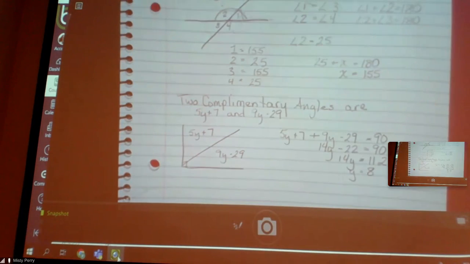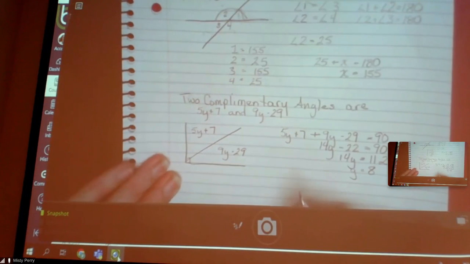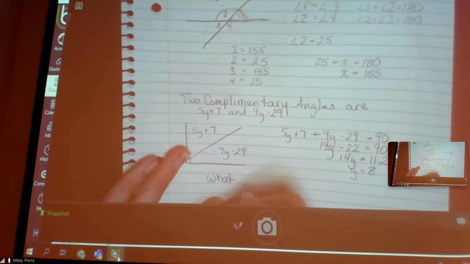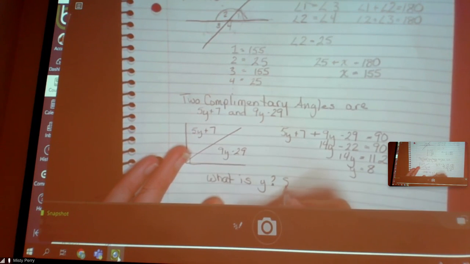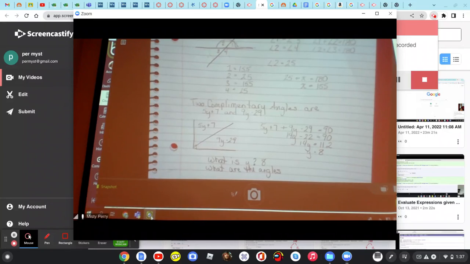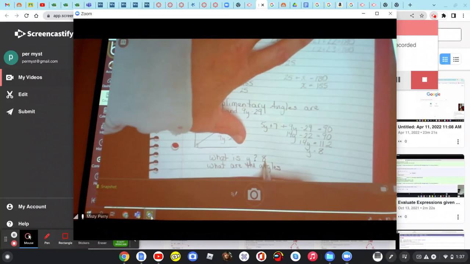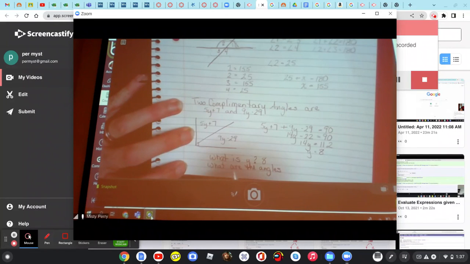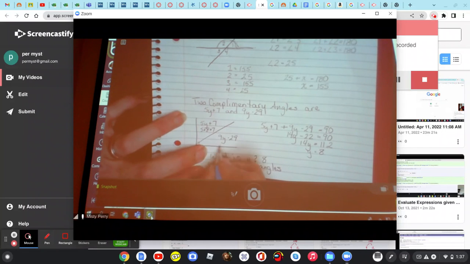Now again, like above, it could ask you two different questions. What is y? Okay, y equals 8. What are the angles? So again, like we did before, you're going to go 5 times 8 plus 7. And down here, you're going to go 9 times 8 minus 29.